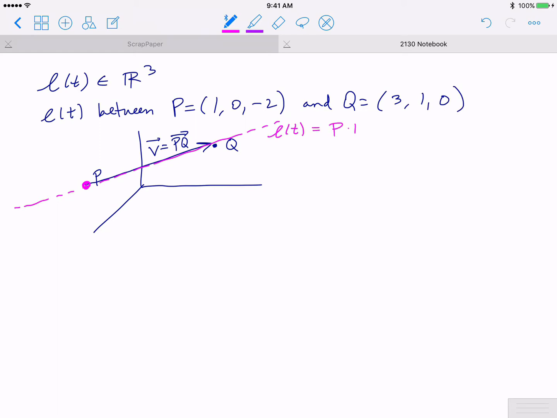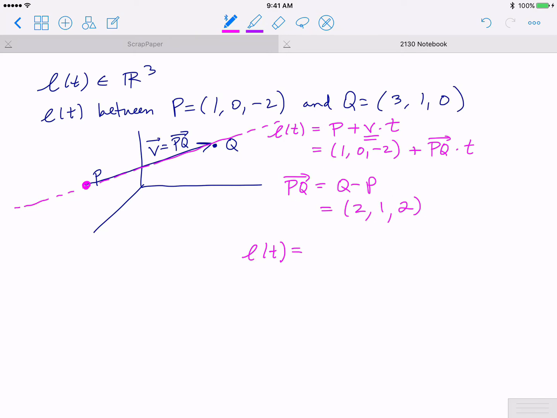Now it's going to be of the form p plus direction vector times t, where our point p is (1, 0, -2), and our direction vector v is going to be the vector from p to q. Finding the vector from p to q is simply doing the difference of 2 points. q minus p is going to be 2, 1 minus 0 is 1, 0 minus negative 2 is 2. So there's our direction vector.